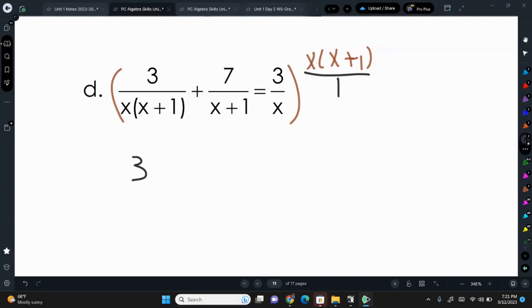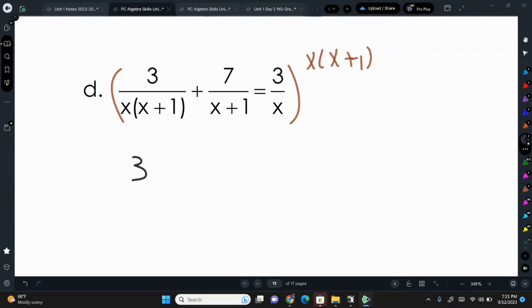It's different than when we were doing compound fractions or adding fractions when we multiply the numerator and denominator by a value. Here, I'm only multiplying the numerator by x times x plus 1. And that visible over 1 isn't needed.